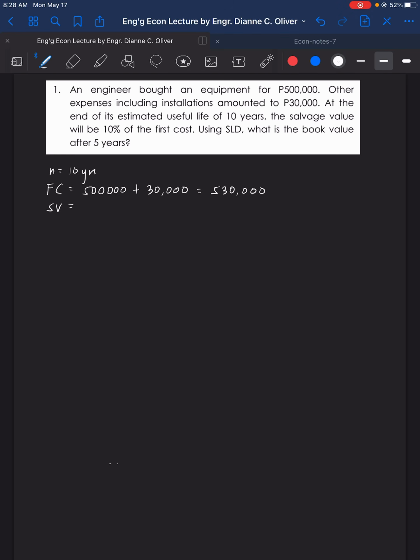The salvage value being the 10% of the first cost. The 10% of 530,000 will equal to 53,000 pesos. Then we will be looking for the book value after 5 years.